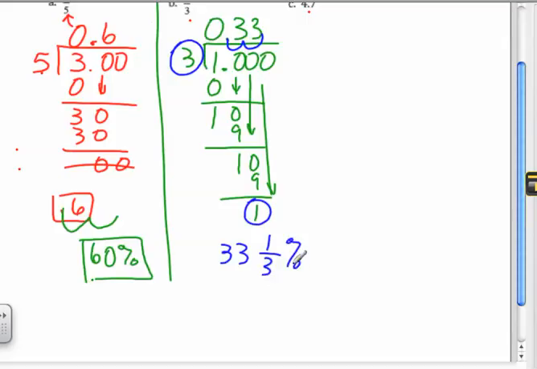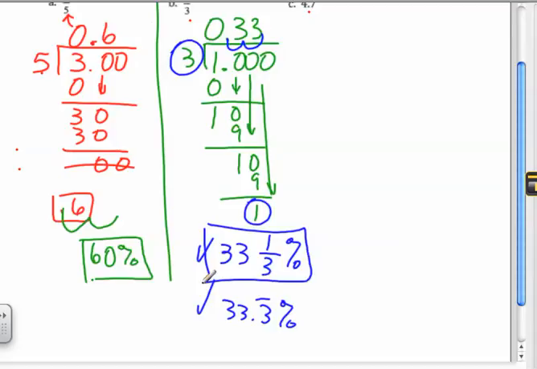We don't like to have decimals and percents together. It doesn't really matter. 33.3 repeating percent is the same thing, so if you write that, that's okay. But a lot of times in textbooks, they take that repeating part and write it as a fraction at the end. So 33 1/3% or 33.3 repeating percent, either one of those is fine.